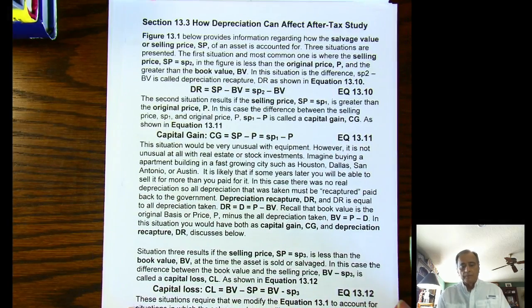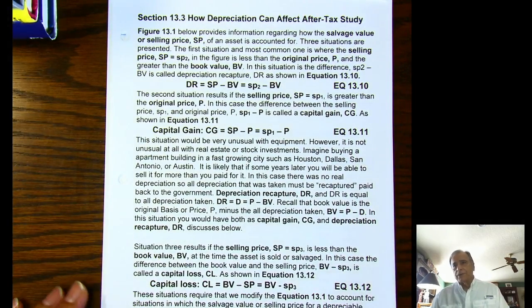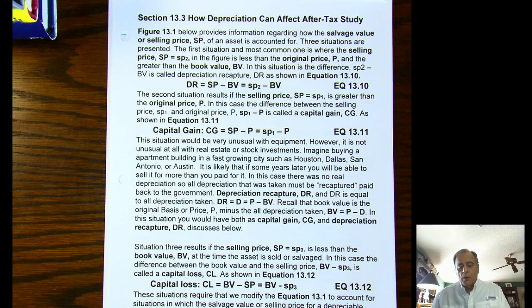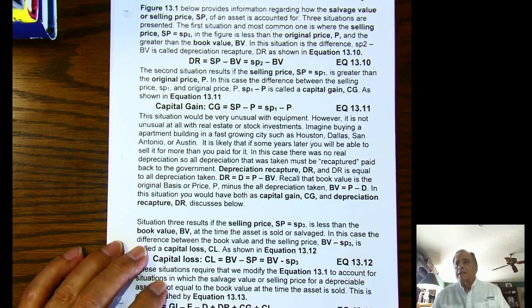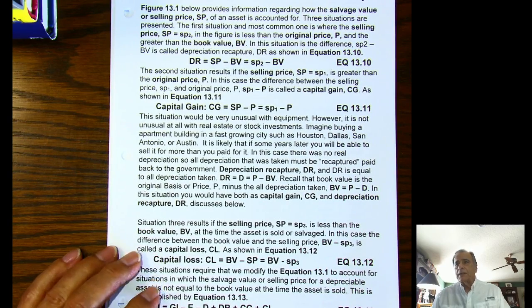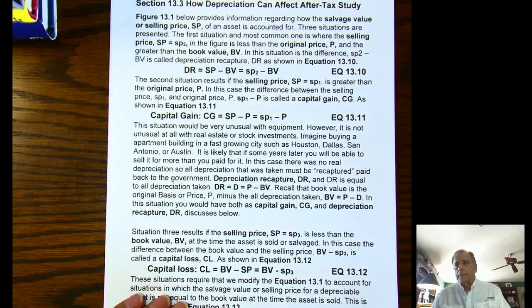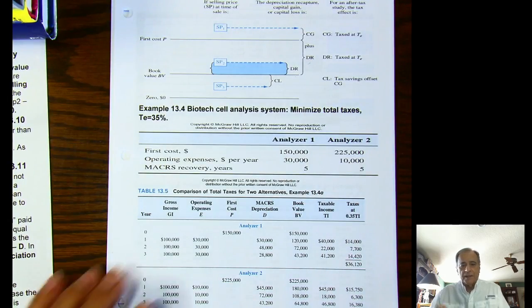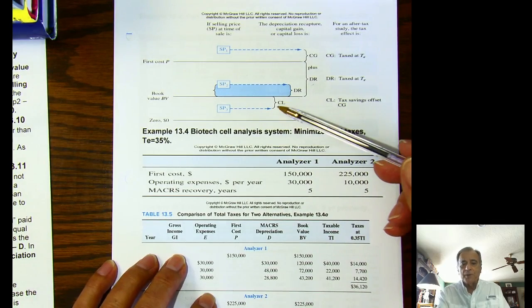So now there's another situation. I guess the flip side of that would be where you actually get less than the book value when you sell the asset, and that would be a case where maybe you invested in a bad apartment building.